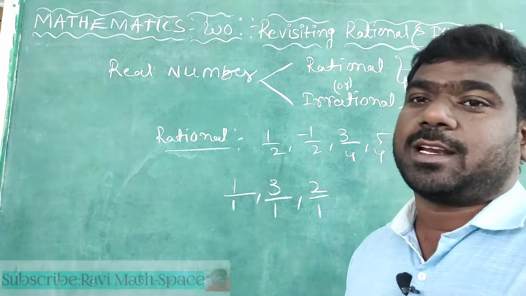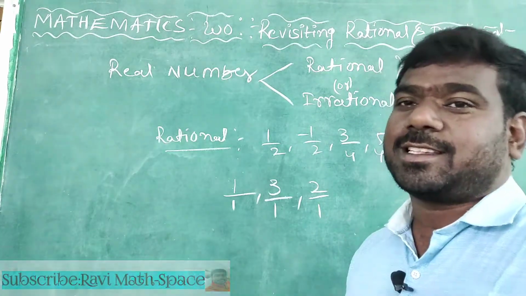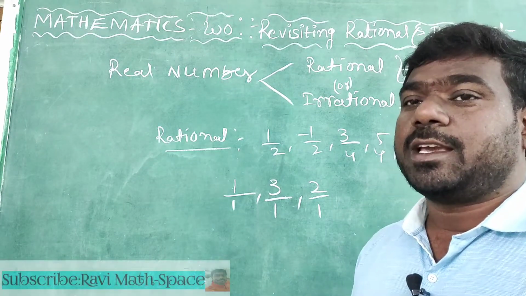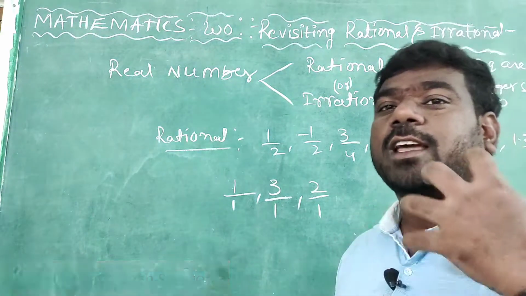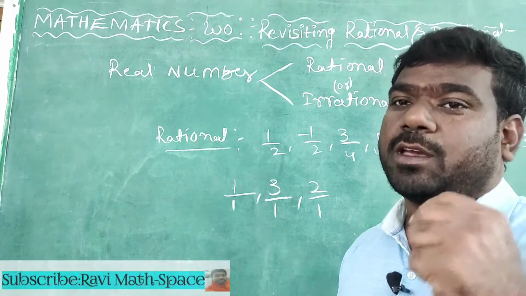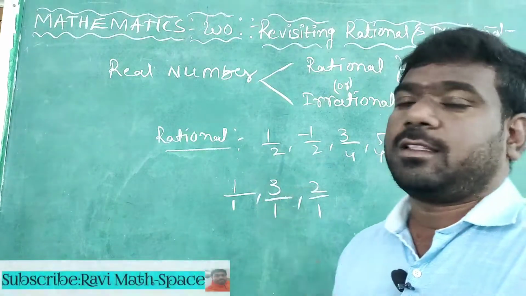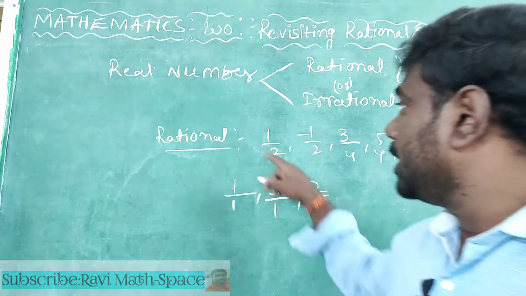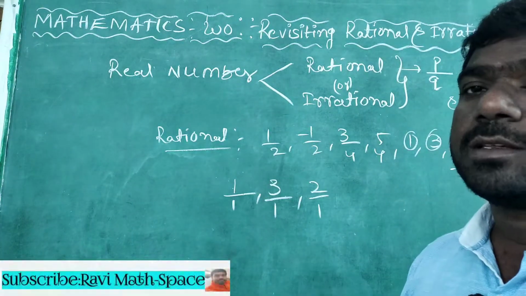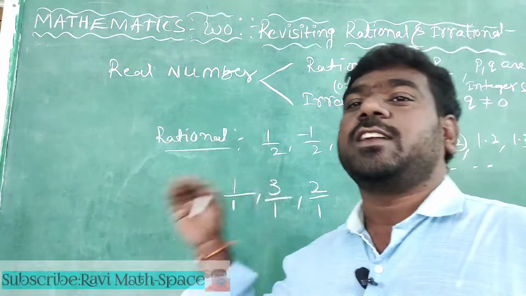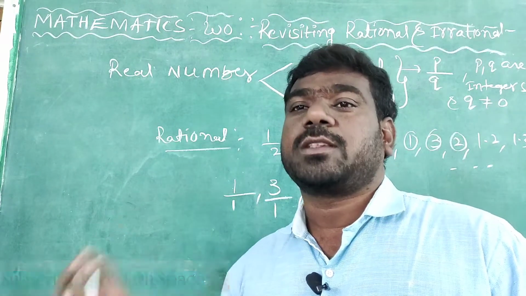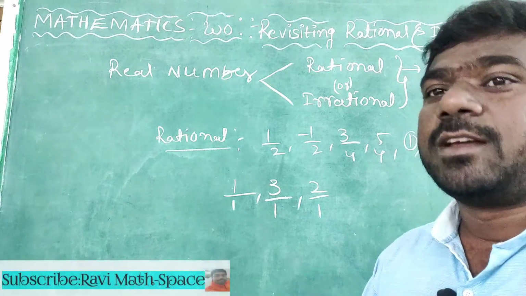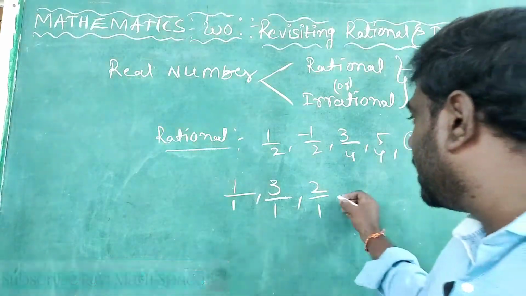All whole numbers, all integers and all fractions are rational numbers, because we can represent them in p by q form. Any number which can be represented in the form of p by q is called a rational number. This is the condition.